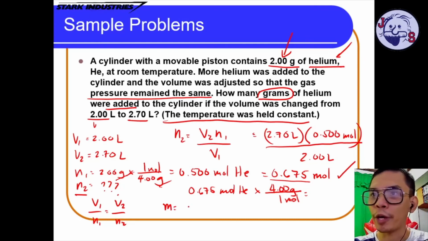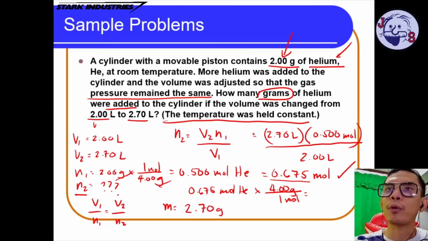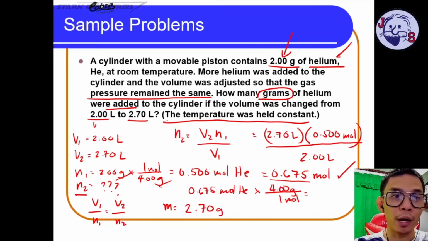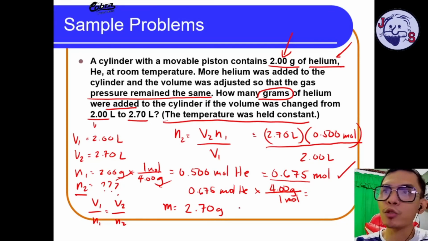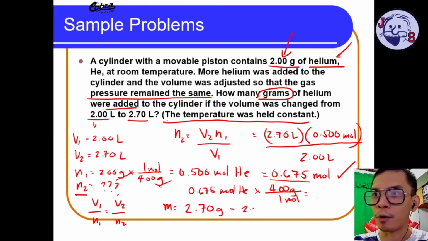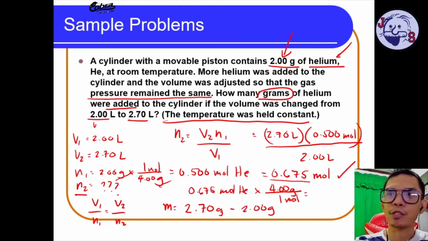So that will be 2.70 grams. Now, the question is, how many were added? This is not what we are looking for. So this 2.70 will be subtracted from the 2.00 grams that you have over here. So 2.70 minus 2.00.